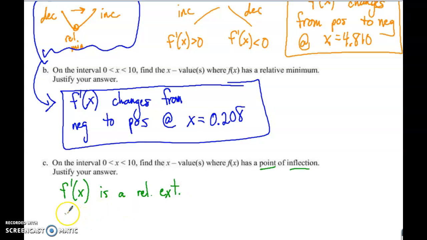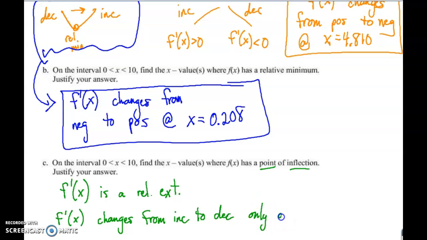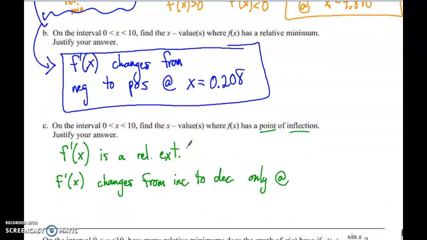In this case, you could write it out that f prime of x changes from increasing to decreasing, in this case, it's only at that relative extrema. Now you have to be careful though, because sometimes we also need to say decreasing to increasing.